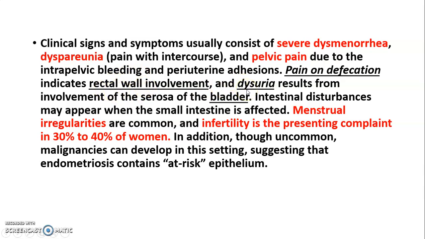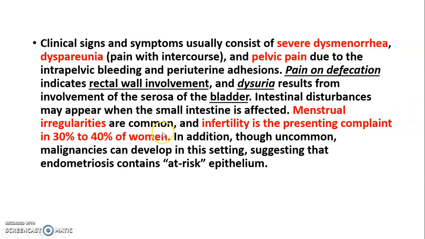If the bladder is involved, then dysuria may be the symptom. Intestinal disturbances may appear when the small intestine is affected. So, depending on the site involved where the endometrial tissue is present, the symptoms may appear.